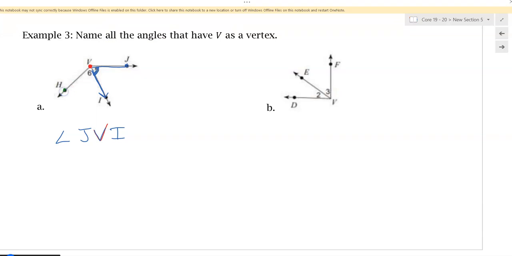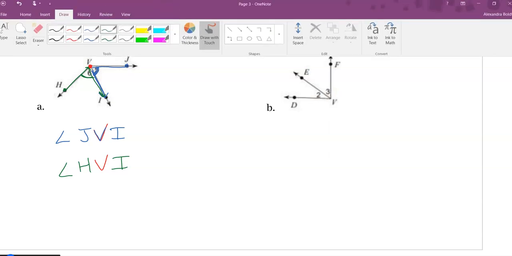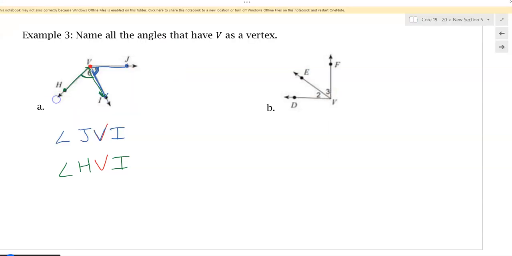I could also do another angle. So then we have, right, if I start at H, I can go from H to V, and then go to I. Okay, so that's this angle here, right? I could name that angle in other ways as well, but we're not going to worry about that right now. And there's actually one more angle that if I combine these two, right?